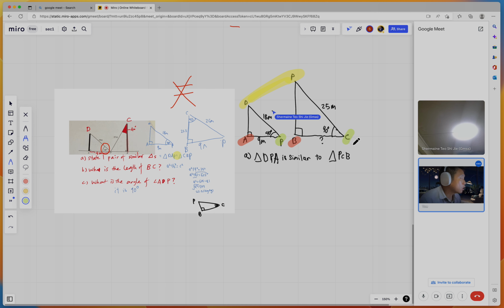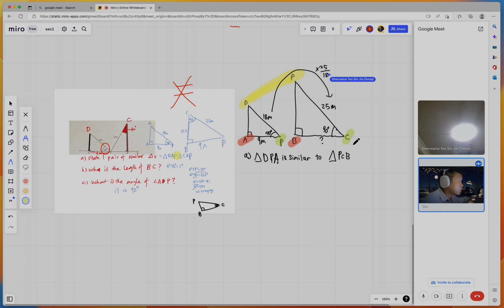Very good. How do you get from 18 to 25? Times 25 over 18.